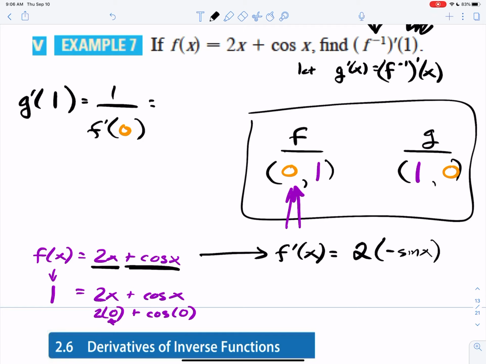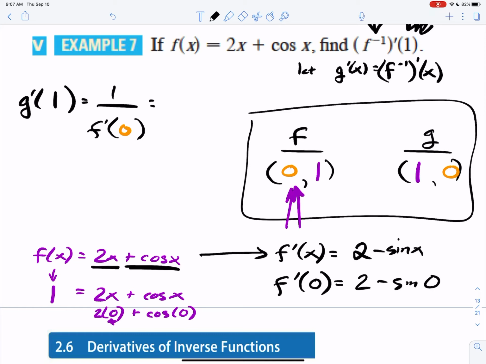Okay, so, wait, why did I write it like that? That's crazy. Okay, so that's just going to be 2, whoa. That wasn't weird at all. Okay, 2 minus sine x. All right, so we want to find out what f prime of 0 is. So 2 minus sine of 0.